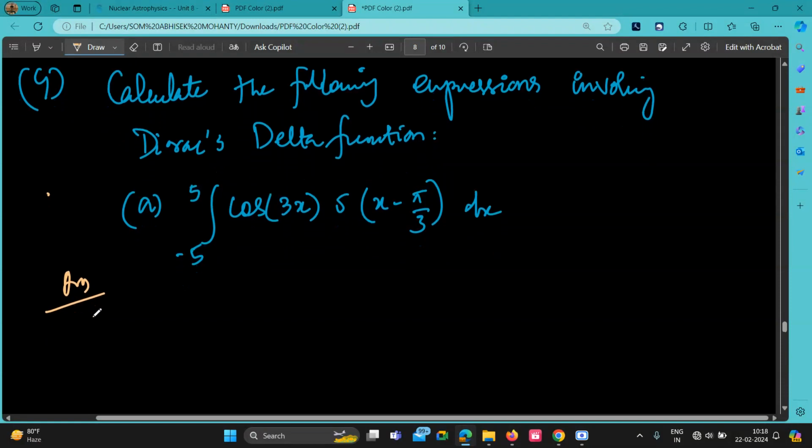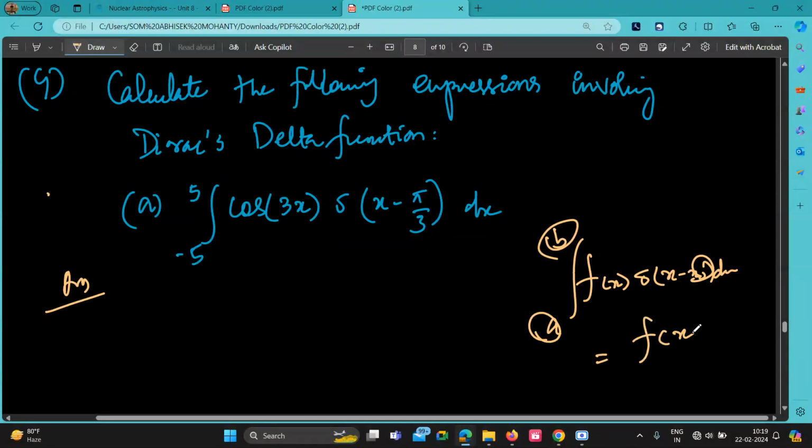The formula is the integral of f(x) delta(x minus x naught) dx. Suppose the limits are a to b, and this x naught actually lies between a and b, then the answer will be f(x naught). We'll just put this x naught in place of x.